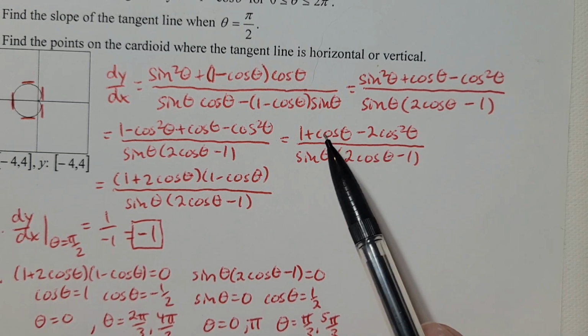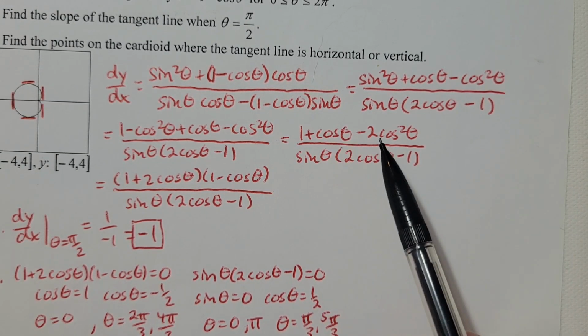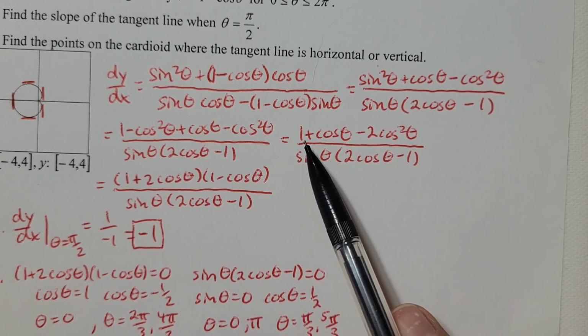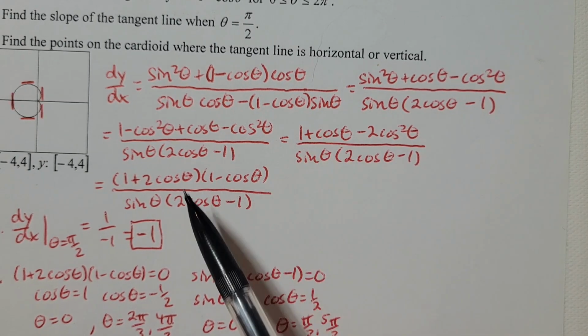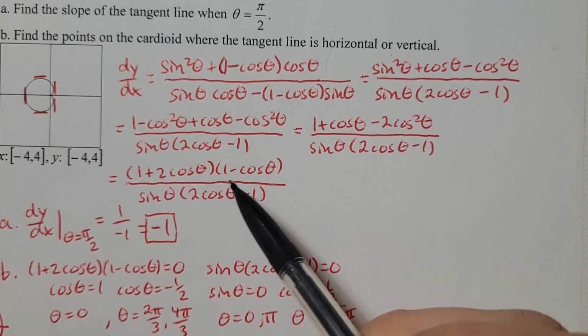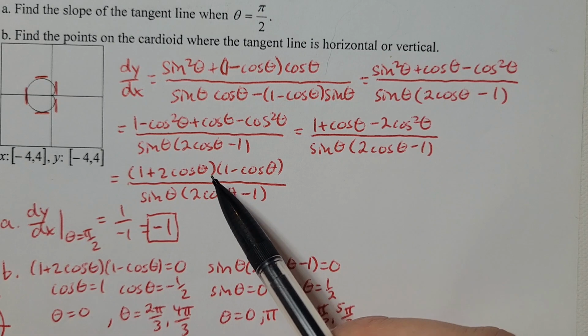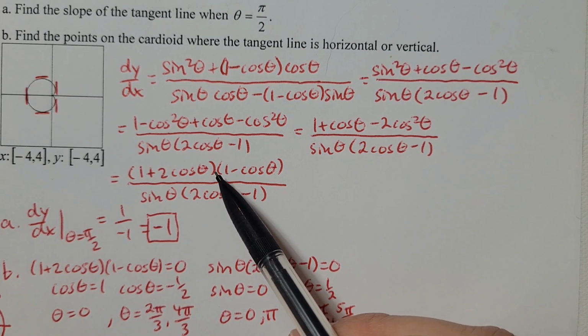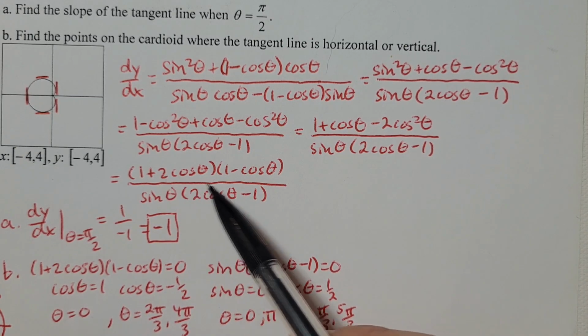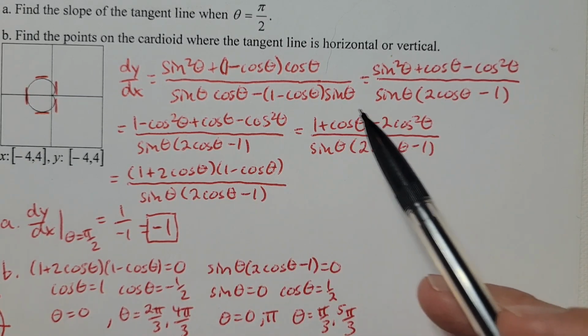Now up top, I've really got a quadratic, a squared term, a linear term, and a constant. So this is going to factor. When I factor this, I'll have 1 plus 2 cosine theta times 1 minus cosine theta. When I FOIL that back, I should get the line right above it.